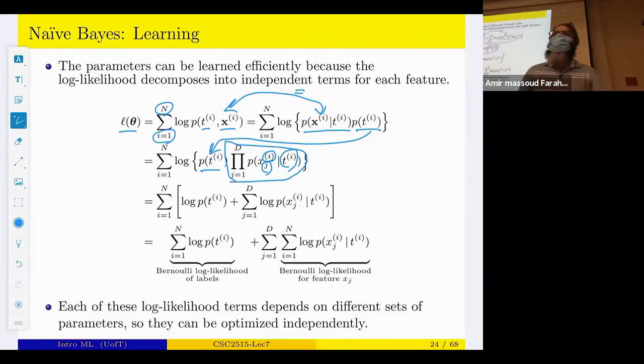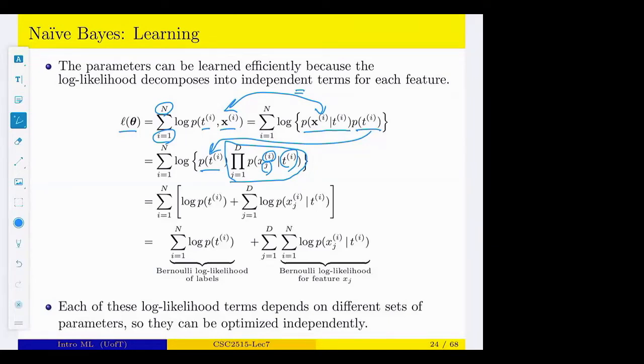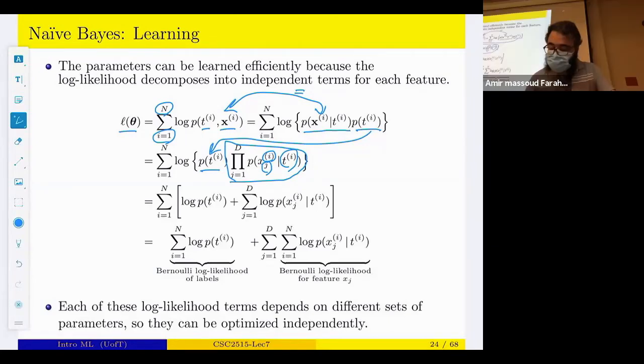Why could I write this? It's because of the conditional independence that we have in naive Bayes. This simplification step is because of this naive Bayes assumption.